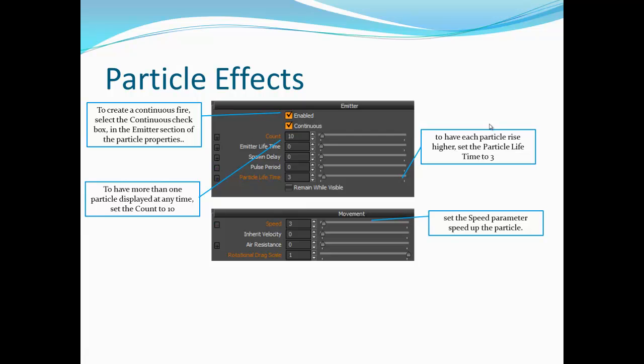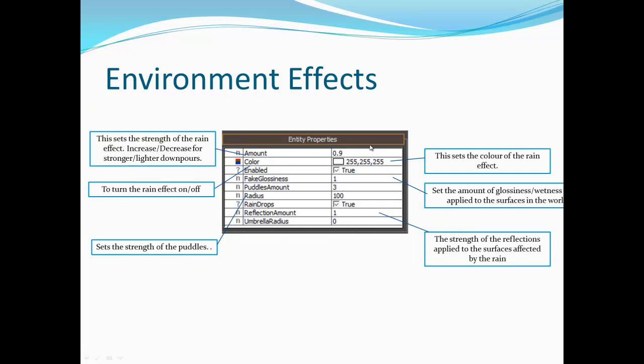To have more particles displayed at one time, set the count to at least 10. To have each particle rise higher, set it to at least 3, and to speed up the particle, set the speed parameter to 3.